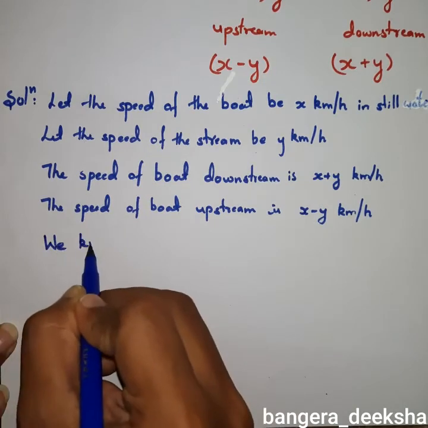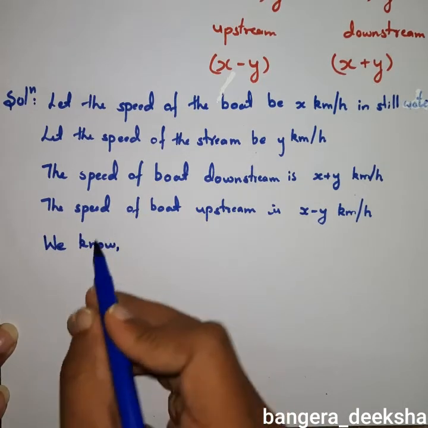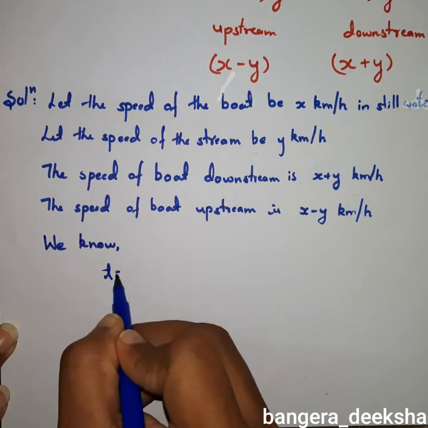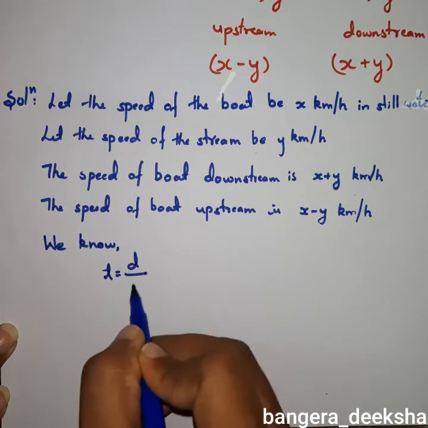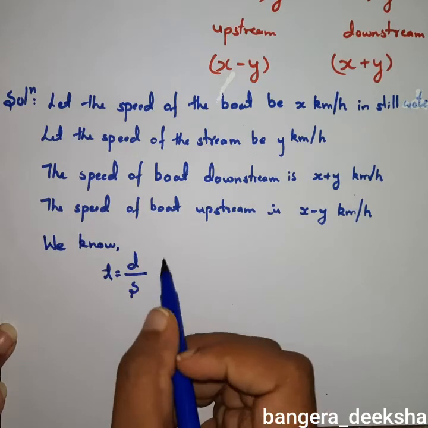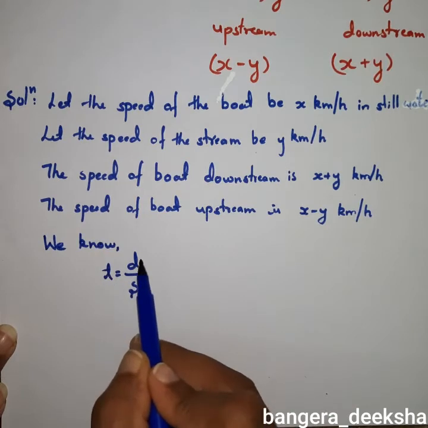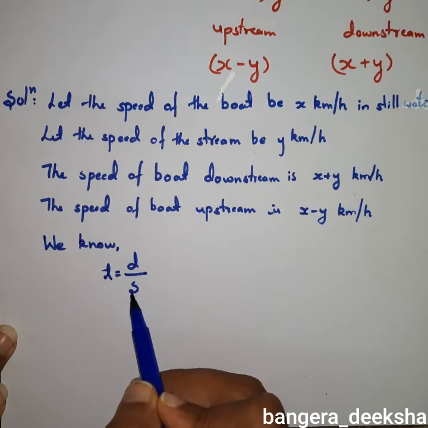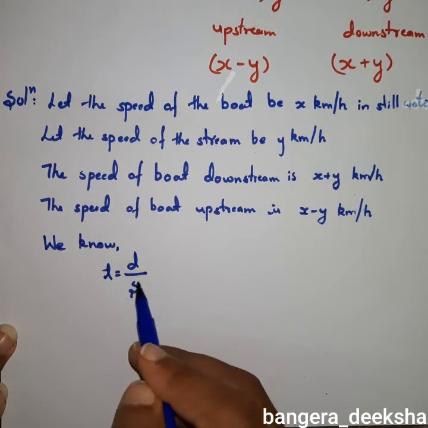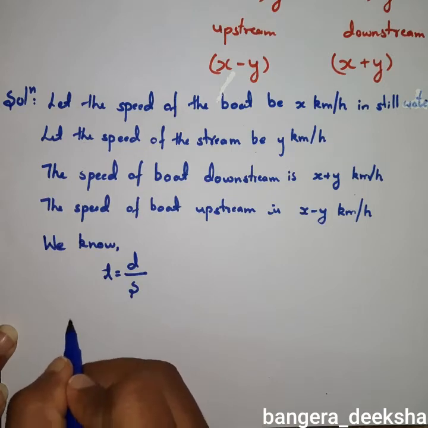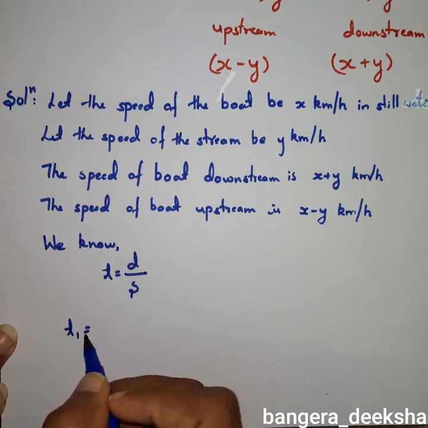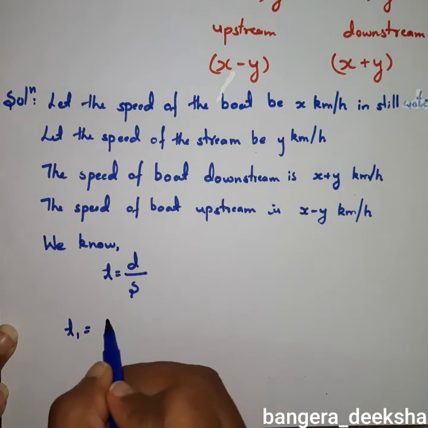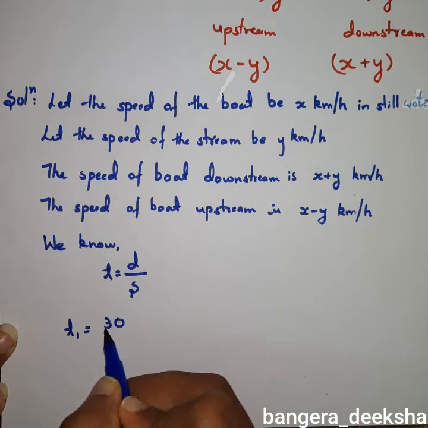we know time is equal to distance divided by speed. So here in general we have time equal to distance divided by speed, but we have two different times that are given. So what we are going to do is write t1, our first time, determined for traveling 30 kilometers upstream.